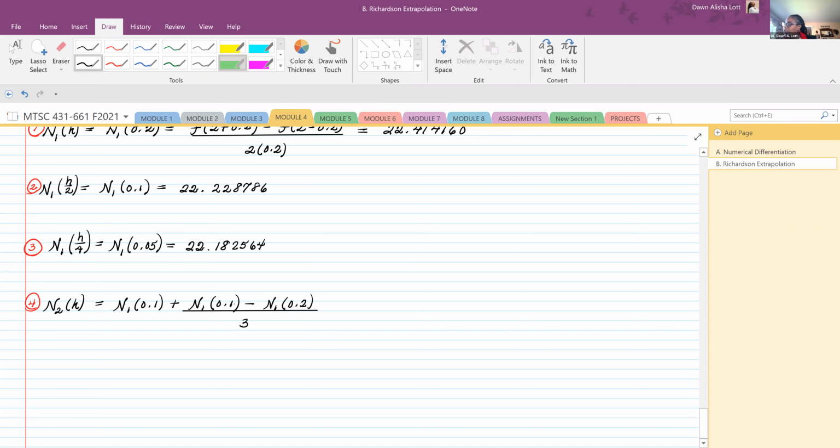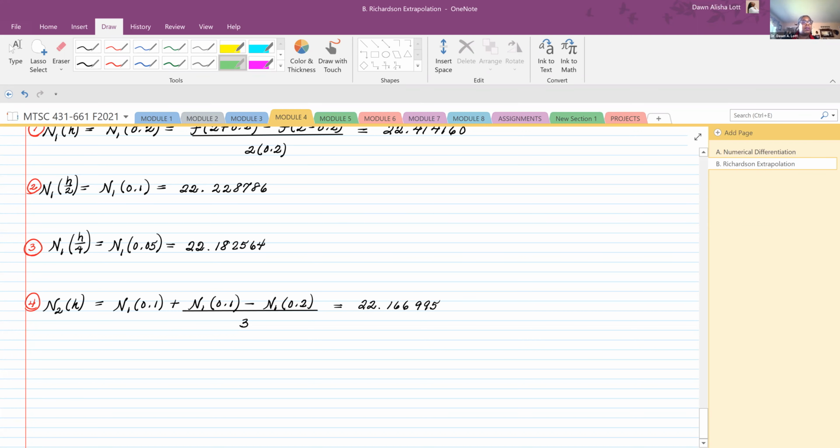And we know each of these. We know N1 of 0.1, we know N1 of 0.2. And so now notice I'm not doing any more calculations with the approximation. I'm just using the values that I have. So this I can just compute to be 22.166995. Okay.